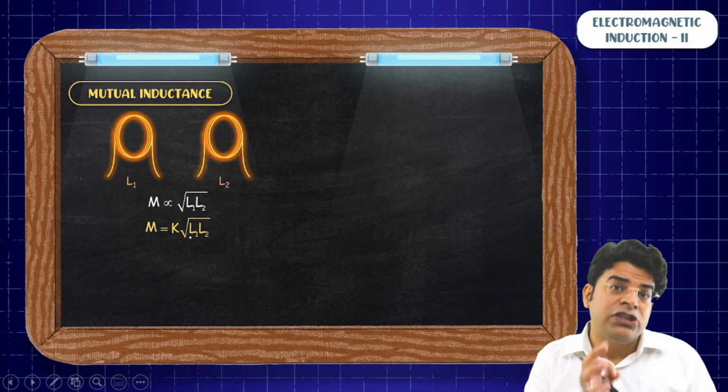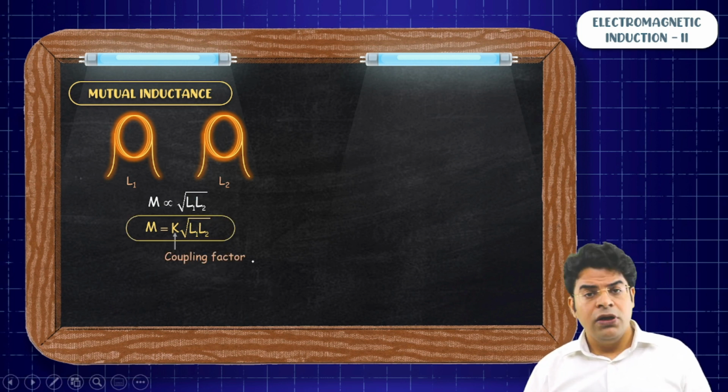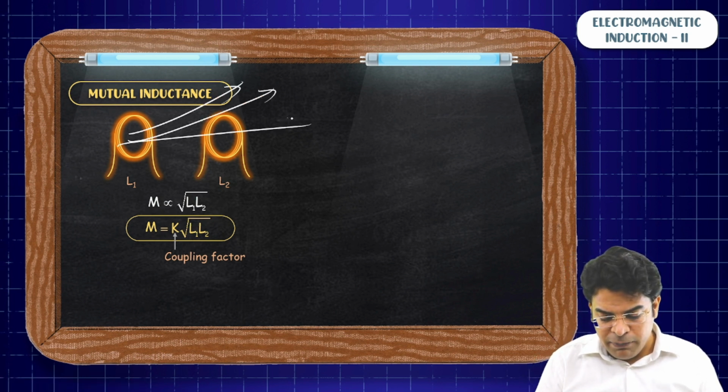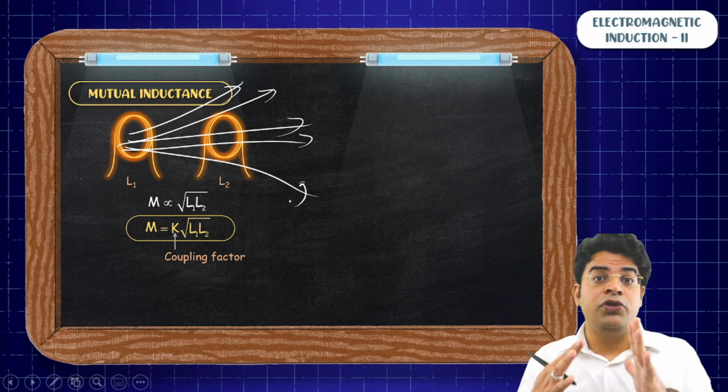We have got a special name for K. K is called the coupling factor. Now, the more the number of magnetic field lines coming out of one that pass through the second, the more will be the coupling factor and the more will be the mutual inductance.